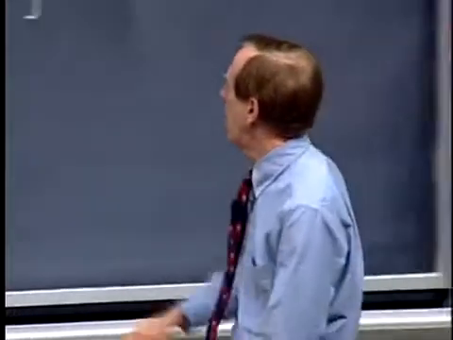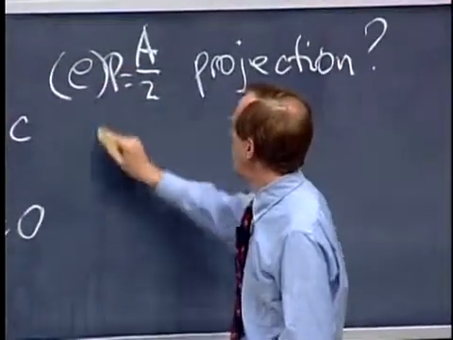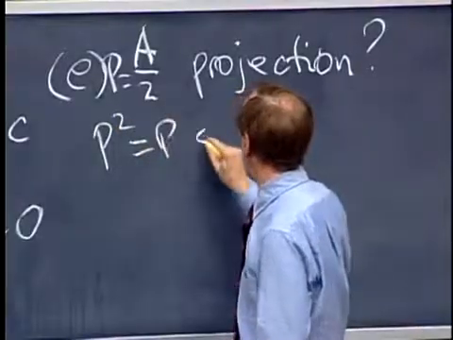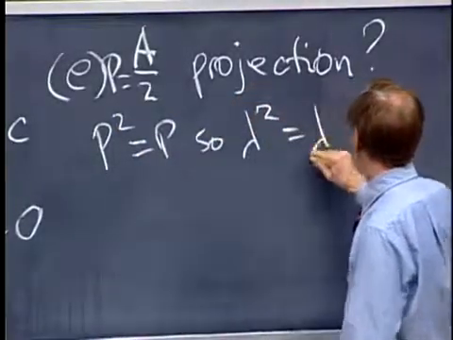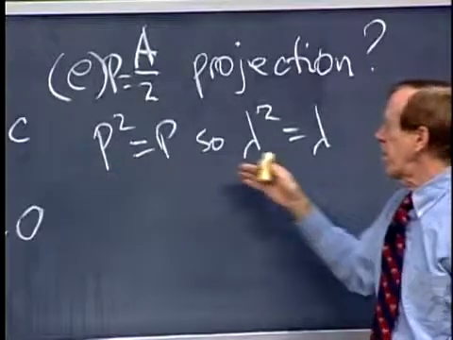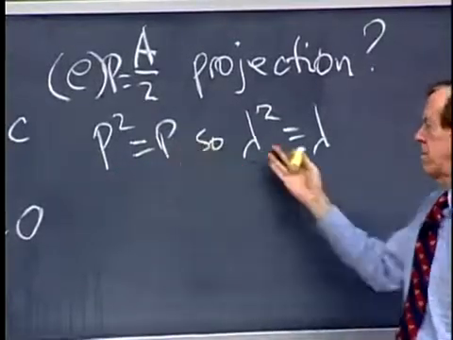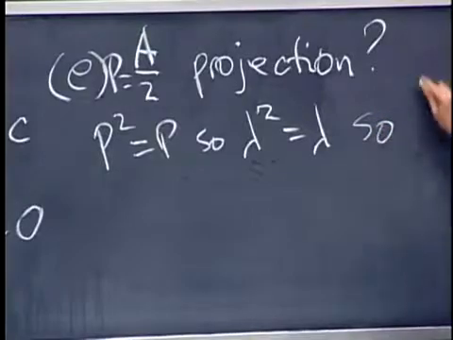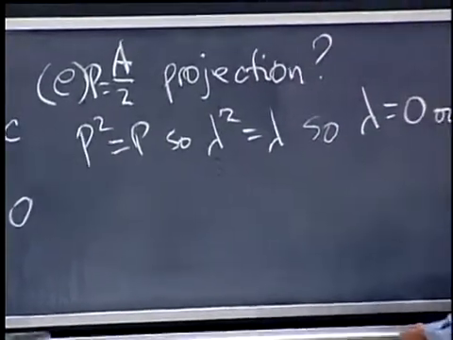See, any nice matrix, we've got an idea about its eigenvalues. So the eigenvalues of projection matrices are 0 and 1. 0 and 1 only. Because P squared equals P, let me call this matrix P. So P squared equals P, so lambda squared equals lambda, because eigenvalues of P squared are lambda squared, and we must have that. So lambda equals 0 or 1.